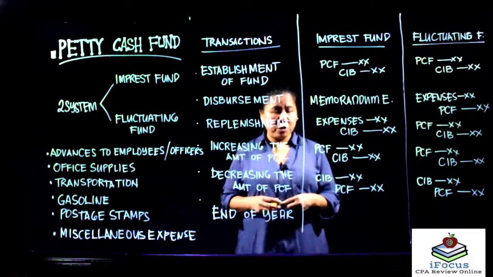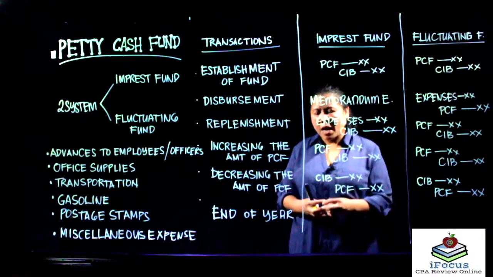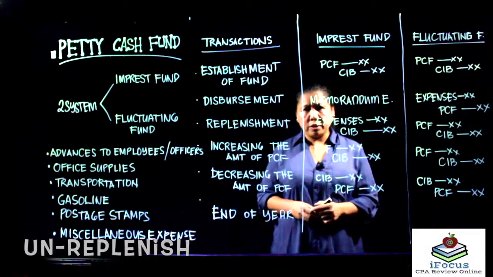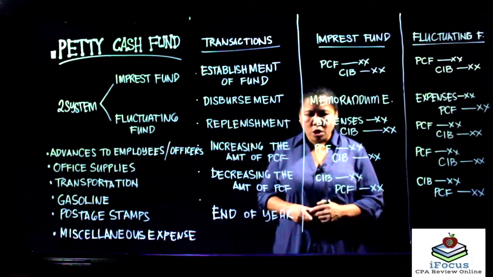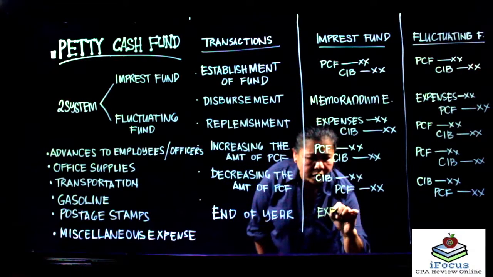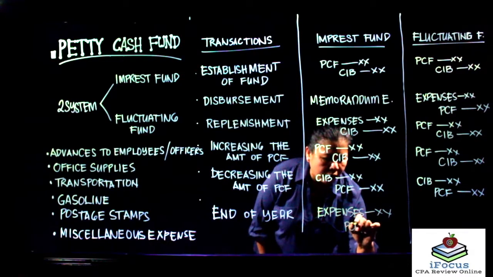At the end of the year, we do some adjustments under imprest fund system. Any unreplenished expenses should be recognized at the end of the year. So for any unreplenished, we debit expenses to recognize expenses, and we credit the petty cash fund.